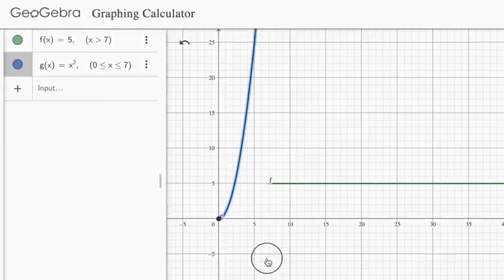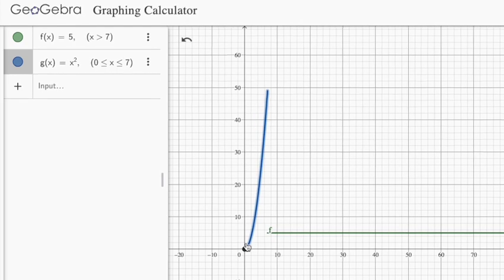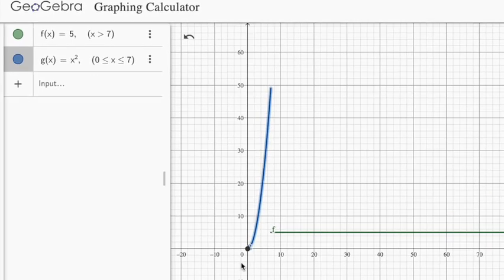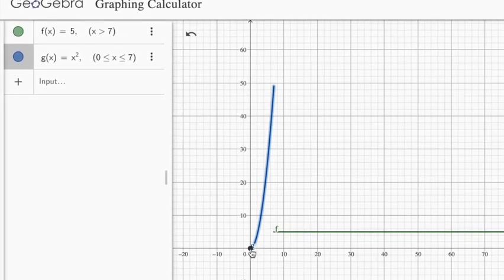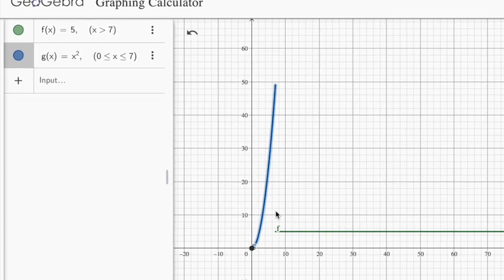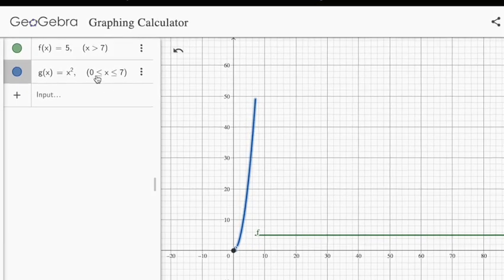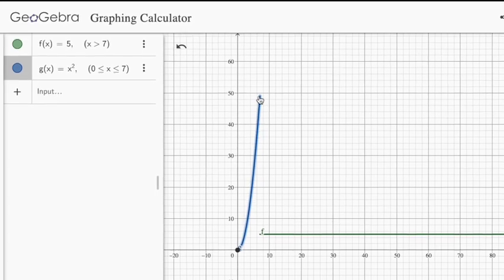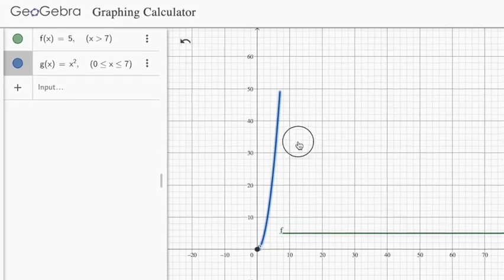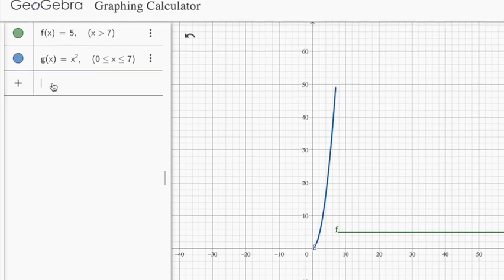So let's zoom out a little bit. So we can see that my quadratic x squared goes from 0 to 7 and then it stops. Now, even though I put the equal sign here, it doesn't show me a closed dot, so be aware of that. Let's do one more piece.